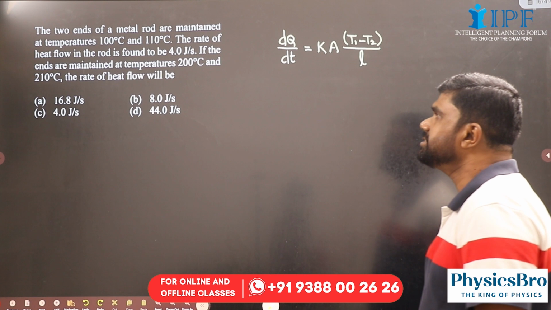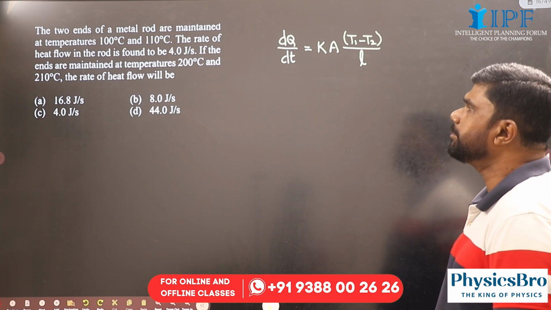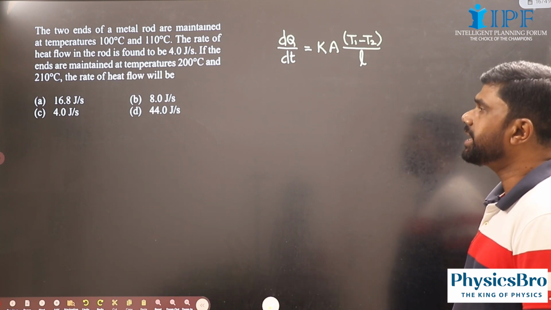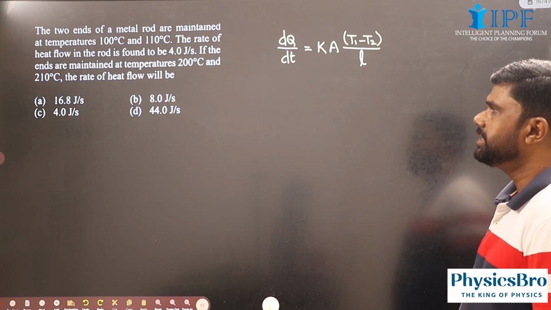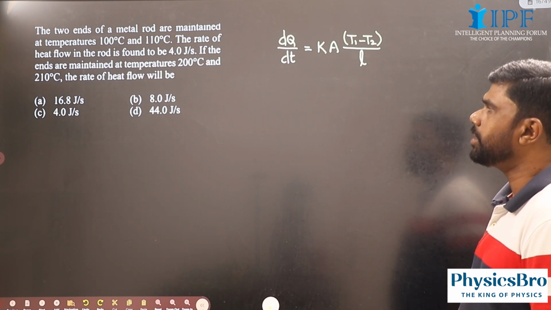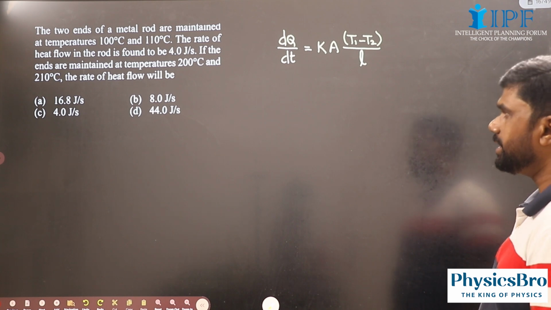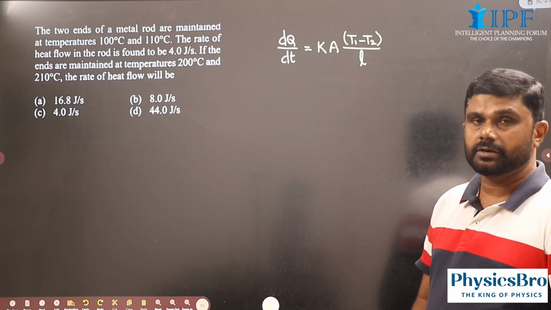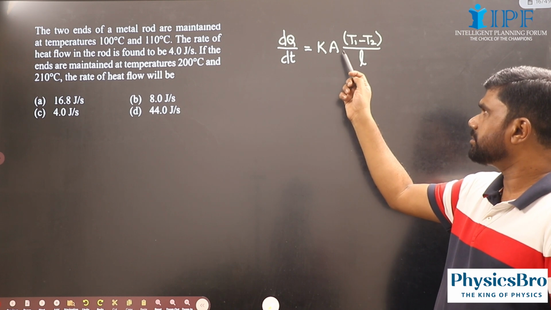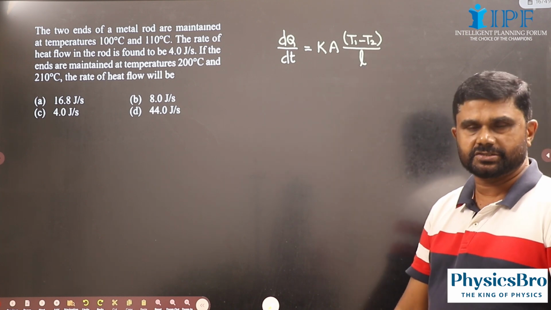Two ends of a metal rod are maintained at temperatures 100 and 110. The rate of heat flow in the rod is 4 joule per second. If the ends are maintained at temperatures 200 degrees Celsius and 210, what will be the rate of flow of heat? dQ by dt, the rate of flow of heat, depends on the thermal conductivity, cross-sectional area, length and temperature difference.